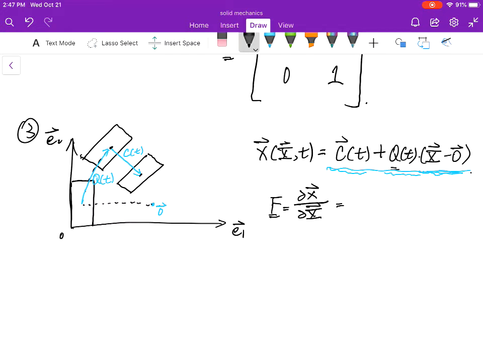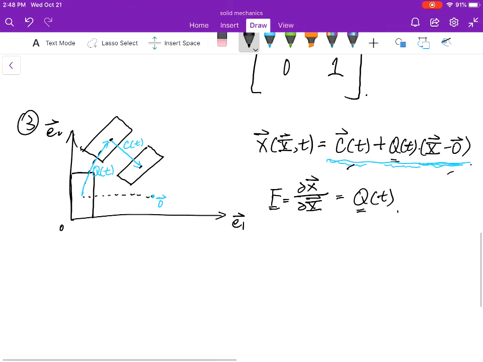We will simply get, let's see, this one 0, this one 0, so we simply get Q(t). So in this case, the deformation gradient tensor is the same as the rotation tensor.